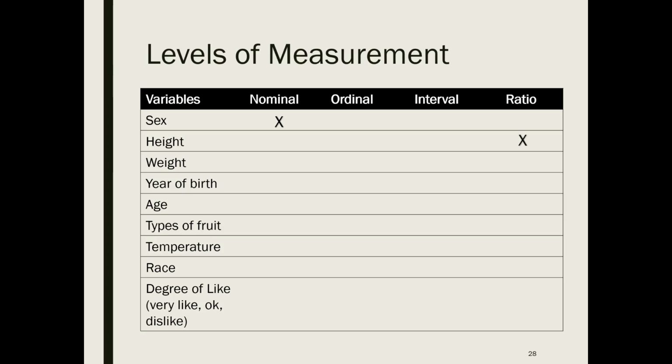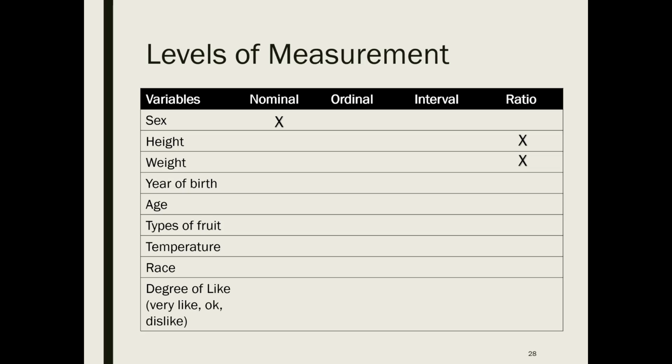Height and weight, they're ratio, right? Height and weight have everything: names, and they can be ranked. I'm taller than you, right? It's ranked, and it also has a meaningful distance. For example, I'm 1 inch shorter than the other person, so the other person is 1 inch higher than me, so it all makes sense, right?